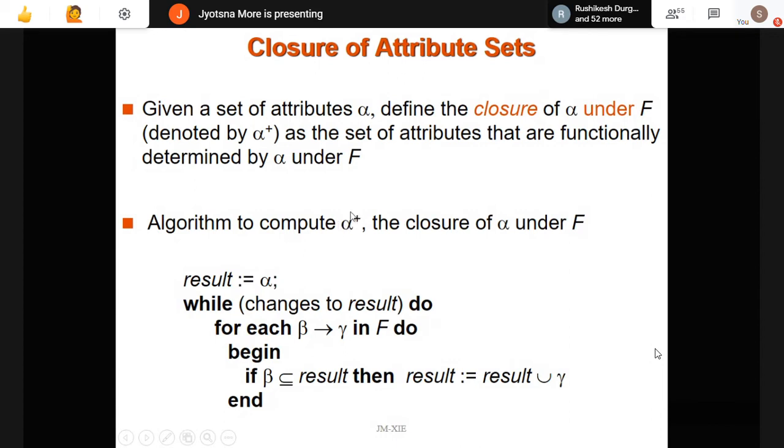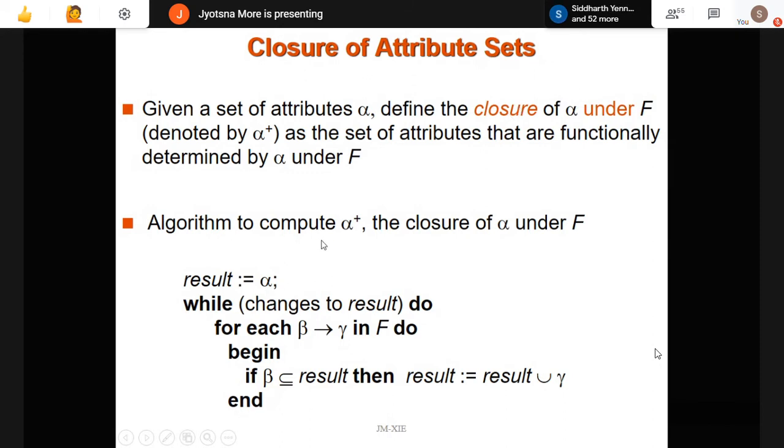Given a set of attributes alpha, define the closure of alpha under the given functional dependency set F, denoted as alpha plus, as the set of attributes that are functionally determined by alpha under F. Using the functional dependencies only, you have to identify the closure of the attribute.